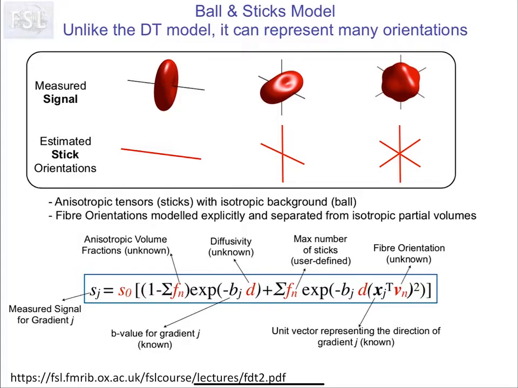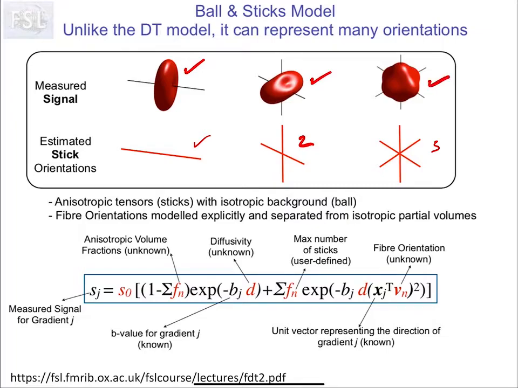And then you can expand that into, now we're going to ignore the ball part for now. We're just going to talk about the stick part for now. So you can expand that and say, well, what if I'm not sure how many sticks there are. Maybe there's 1 stick, maybe there's 2 sticks, maybe there's 3 sticks. So for every voxel, I'm going to open up the possibility that I need to figure out which is the best fit for the data. And the idea is if the measured data looks like this, I'm going to say it's 1 stick. If it looks like that, it's 2 sticks.